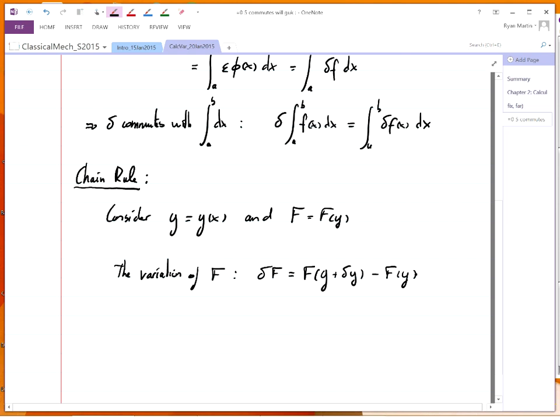So the variation is the varied thing minus the unvaried thing. The varied value of F is when F is evaluated at the varied values of y, and the varied value of y is y plus delta y.